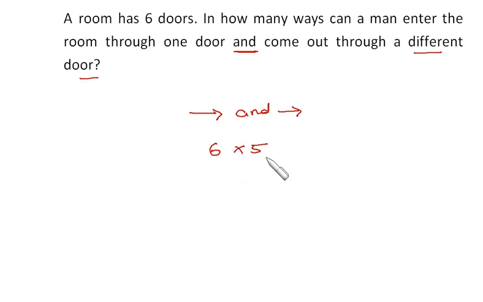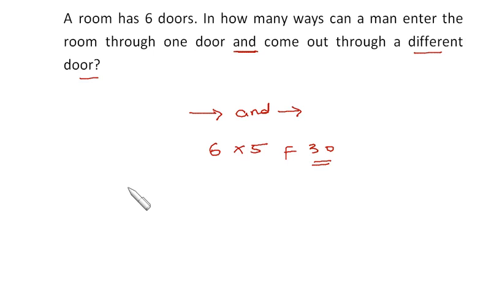That means both the events are happening. It's not that either this happens or that happens. Both the events are happening. That's why we multiplied, right? So 6 into 5, that is 30 ways to do this complete event.